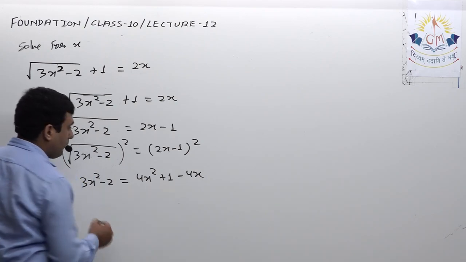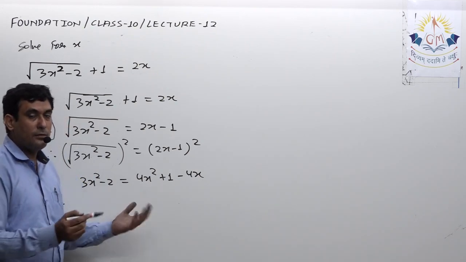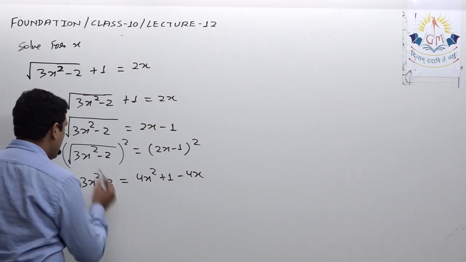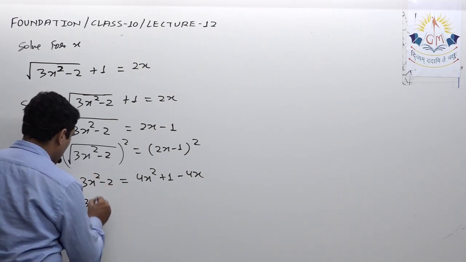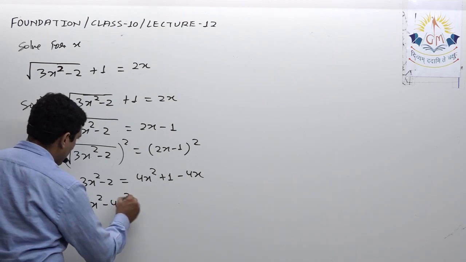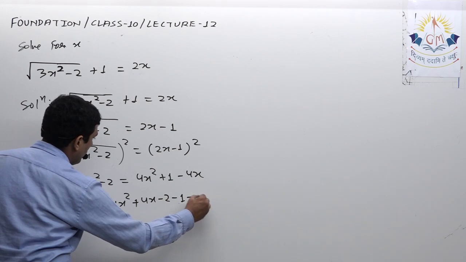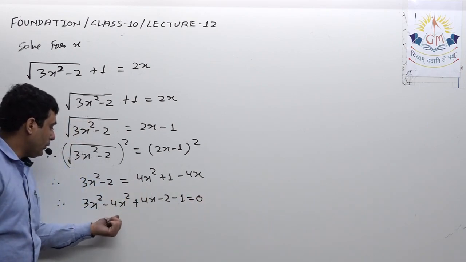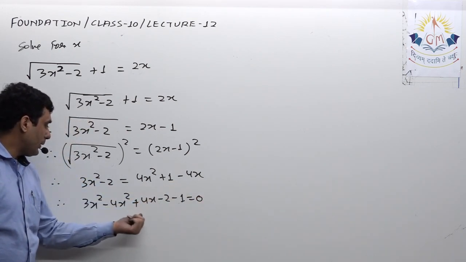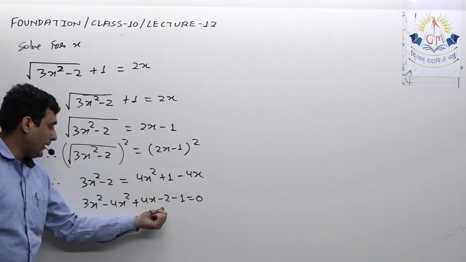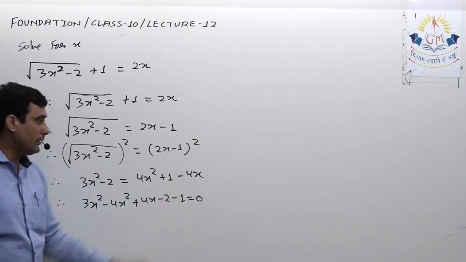Now I will take all the terms on the left hand side to get the standard form of the quadratic equation. So 3x square minus 4x square plus 4x minus 2 minus 1 is equal to 0. 4x square I took over here, minus 4x becomes plus 4x, minus 2 I wrote as it is, and 1 I took as minus 1.